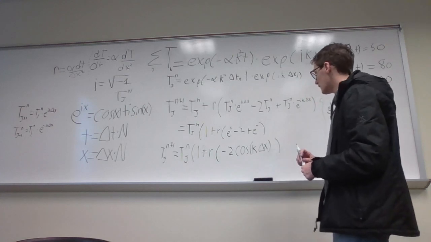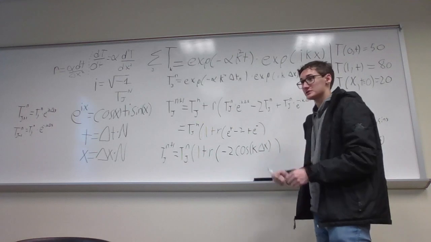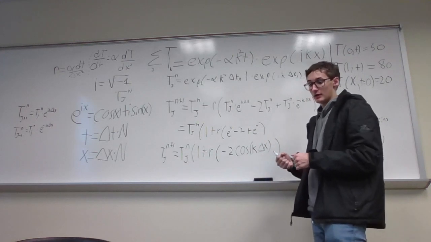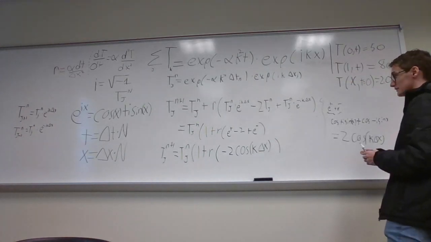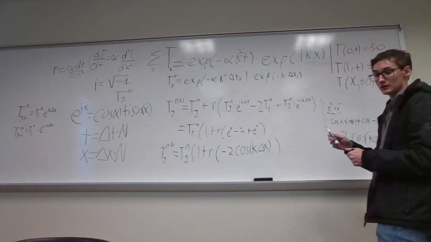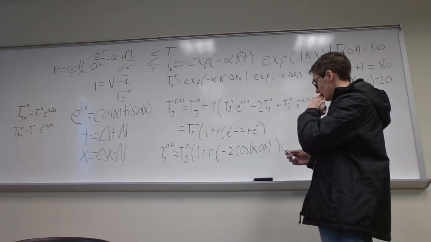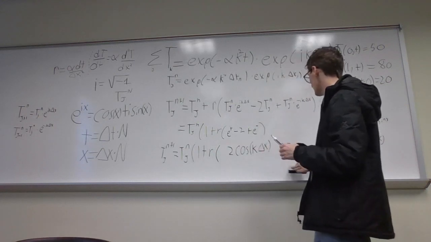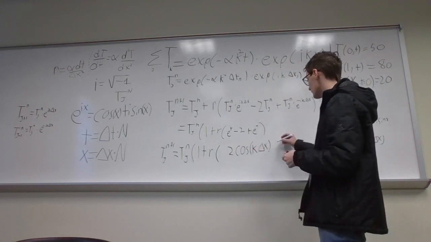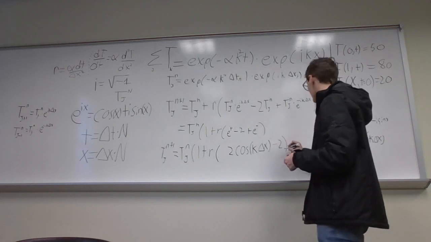But now that we have this number, we can convert this into an algebraic form. Oh, I know what I missed. Because of these values in the 2, I think it turns into a positive, and we end up getting 2 cos k delta x minus 2 at the end.